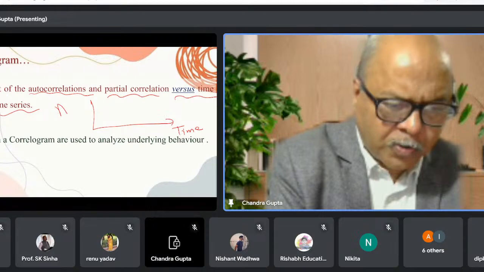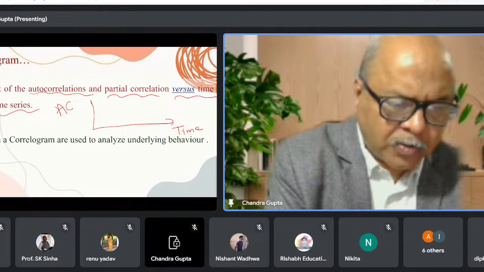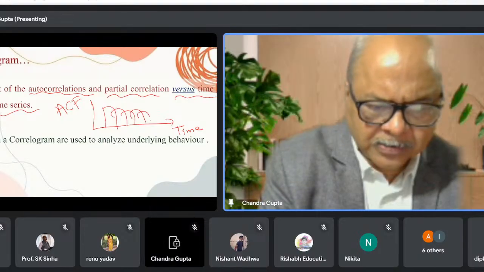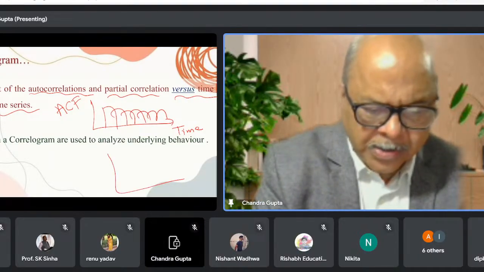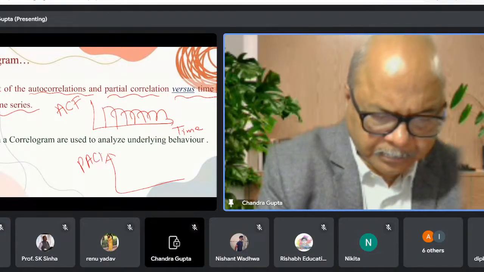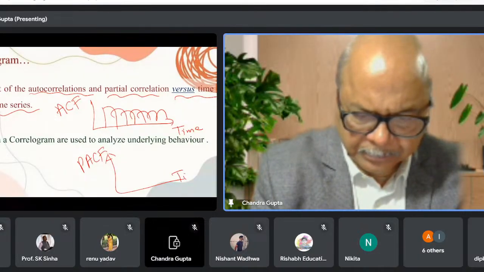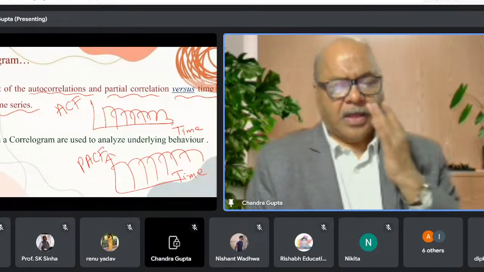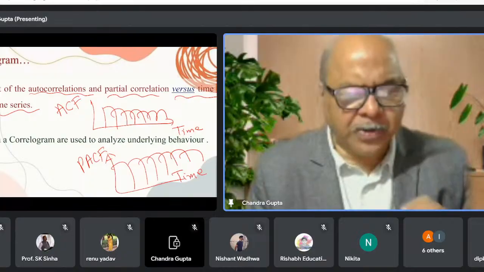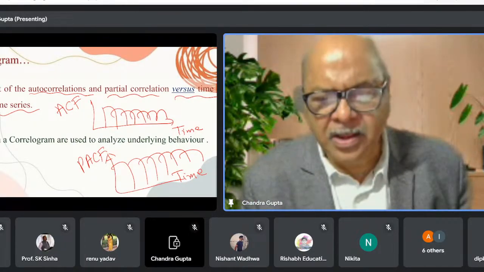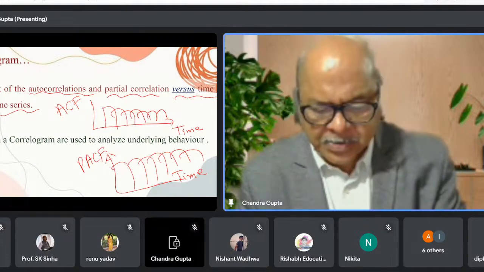You have autocorrelation function, which may be something like this, or partial autocorrelation. Like this. So by looking at the pattern of the correlogram, we can understand the behavior of the time series.